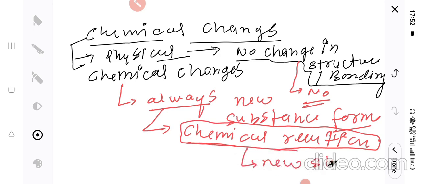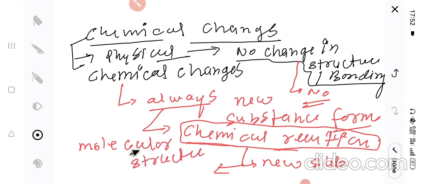The new substance has a different molecular structure and bonding, totally different from the initial one, right?